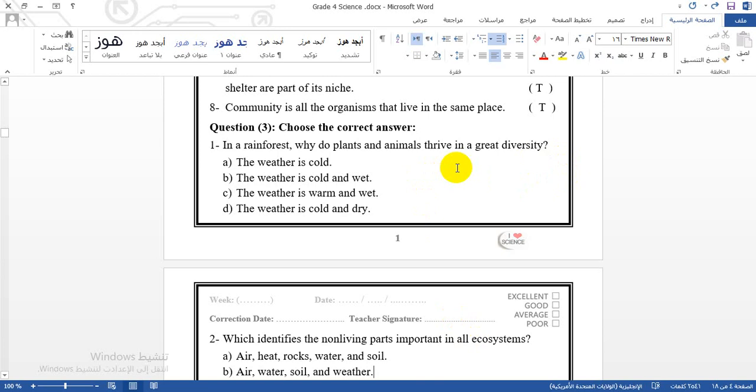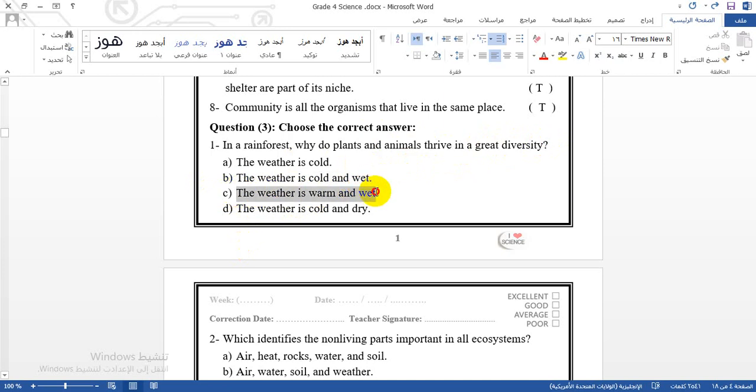The weather is cold and wet, or warm and wet, or cold and dry. Which one is correct? Because the weather is warm and wet. This is the correct answer.